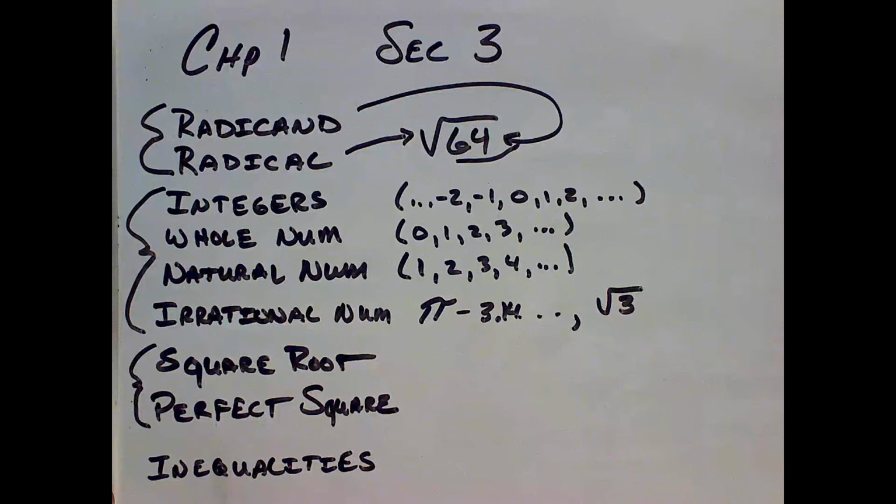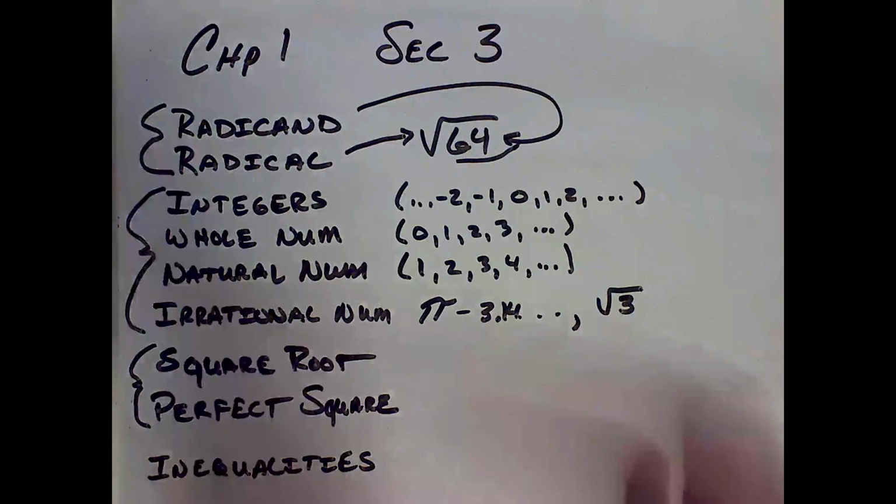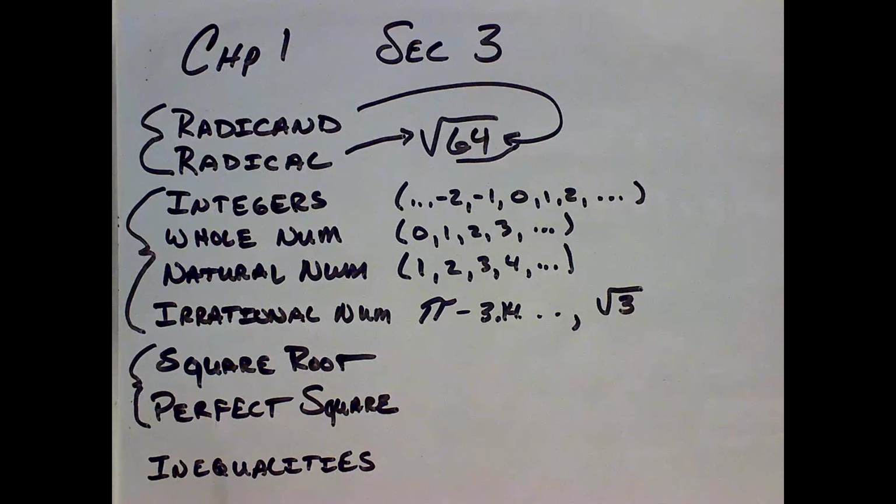Now let's take a look at a square root, and let's take a look at a perfect square. Here's what I want to start doing, and you're going to learn this as you get into different chapters coming up. We're going to make a list of all the perfect squares, and we're going to make a list of all the square roots. And the square roots just come from the perfect squares.